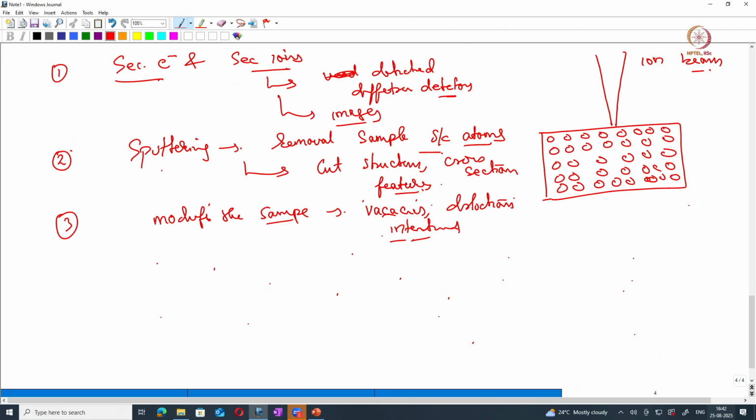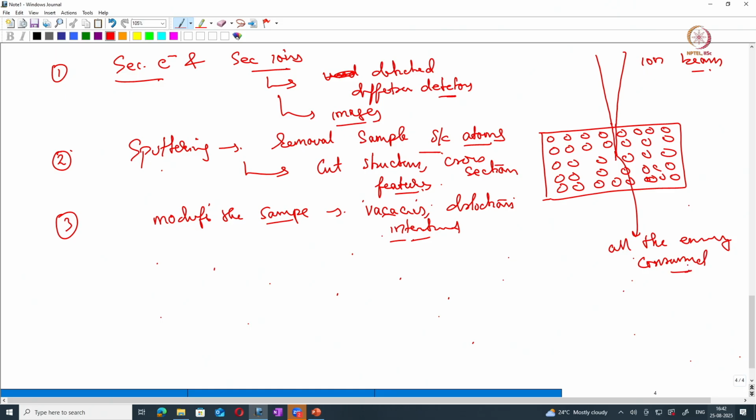Now the interaction of the beam takes place as the ion beam travels into the sample surface until all the energy of the ion beam is consumed.